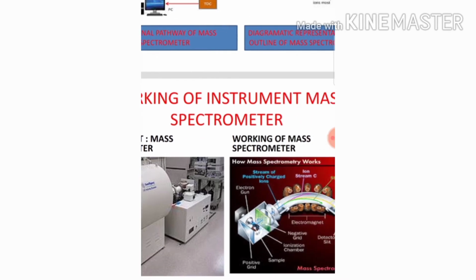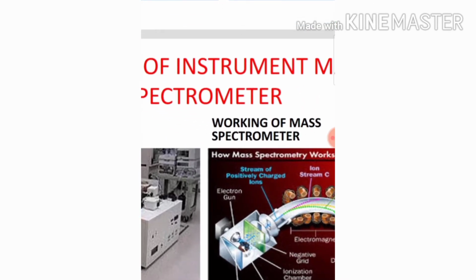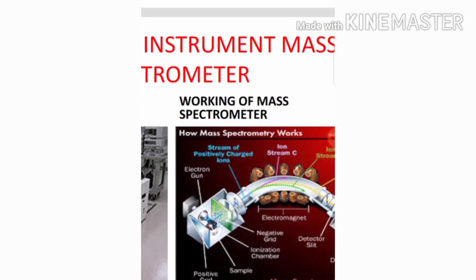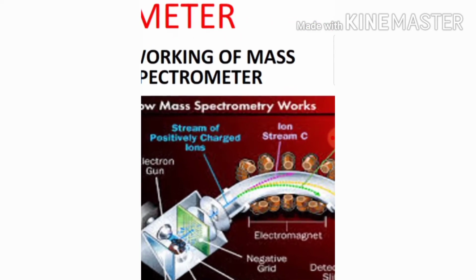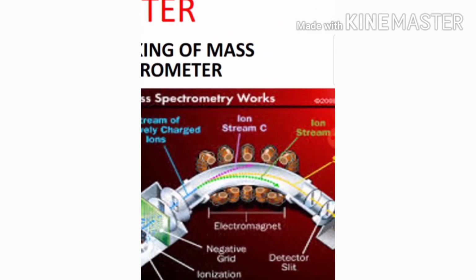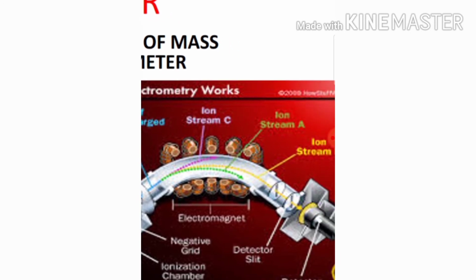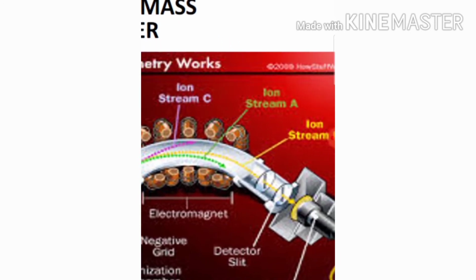So if you want to revise the functional aspect again: through the ionization unit you put the sample, then there is deflection in the presence of a strong electromagnetic field, and after deflection the mass spectra is generated.